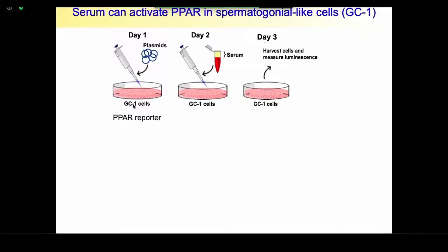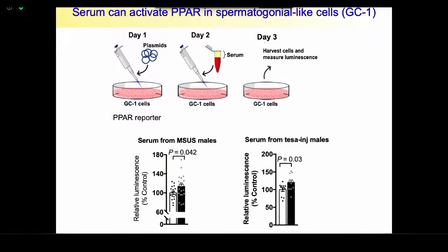Once these cells were transfected, we treated them with serum, and then we measured luminescence, which is a direct measure of PPAR activation. And we could observe that if we use serum from MSUS males, this activates the PPAR reporter. And if we use serum from TESA-injected males, as expected, because TESA is a PPAR agonist, we also see an increase in PPAR activity.